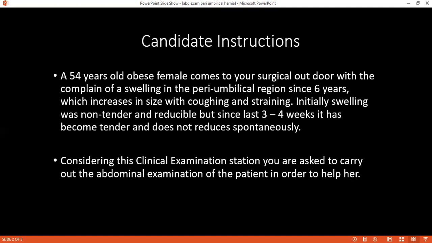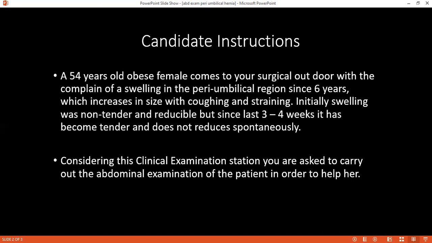Okay. So what is your provisional diagnosis? My provisional diagnosis will include a peri-umbilical hernia, which is non-reducible. Okay. So how would you confirm your diagnosis?